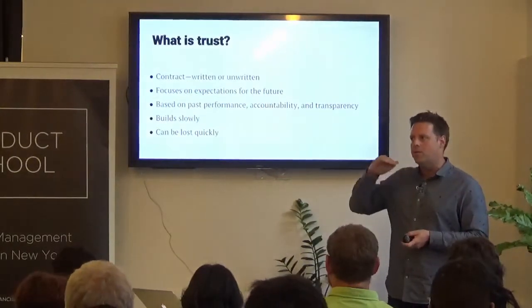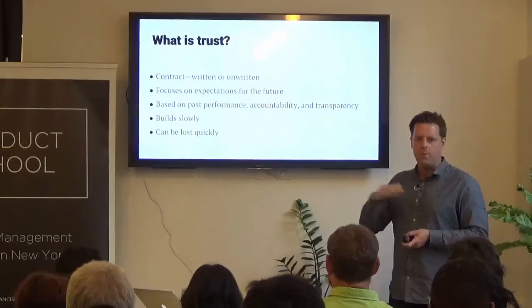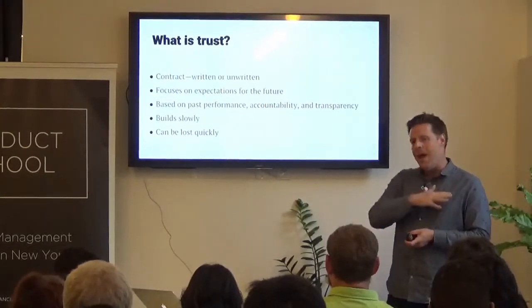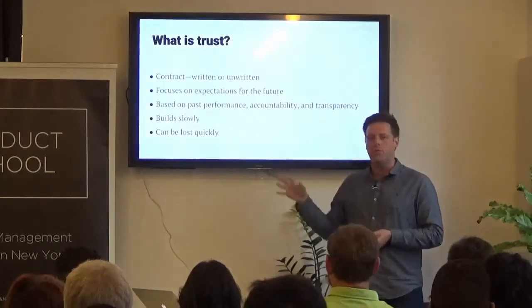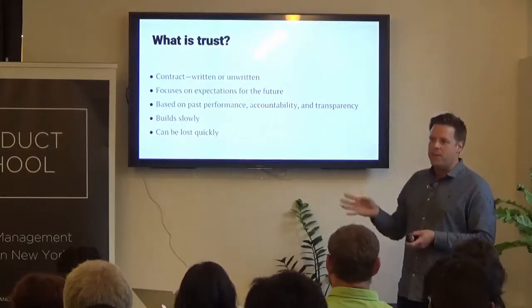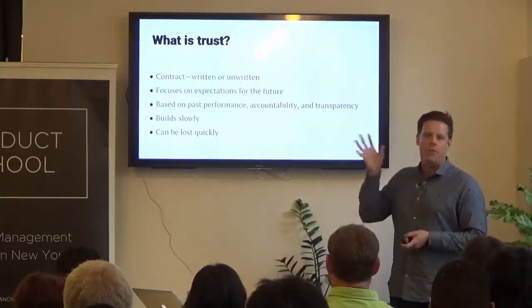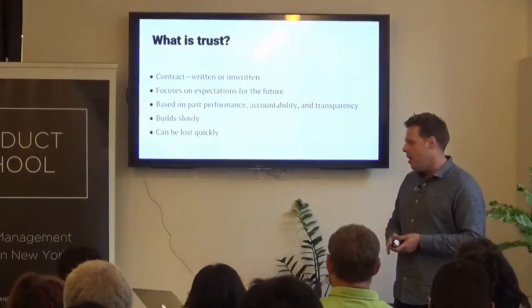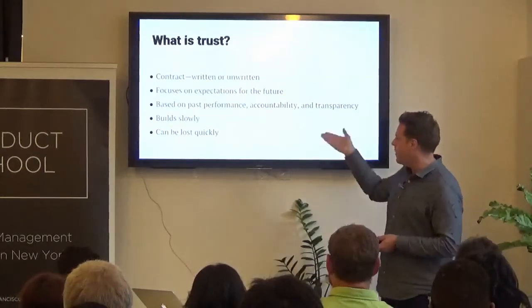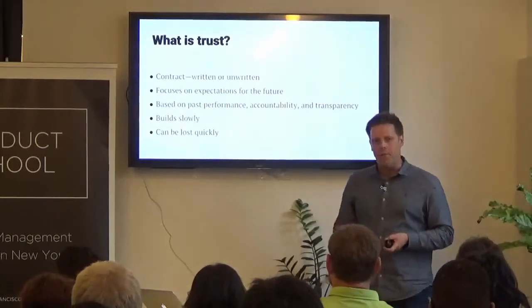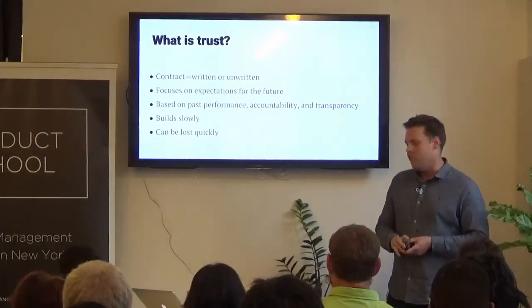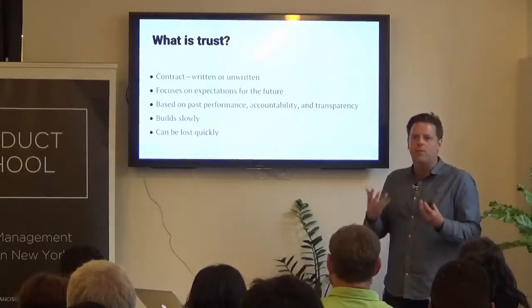Trust is always about some expectation for the future, not for the past, right? It uses the past as data points to look towards the future, but it's always about what I think someone will do in the future or how they'll react to me or how they'll help me. And then, performance, accountability, and transparency tend to be very important aspects of trust. So performance is like, am I doing something that's valuable?